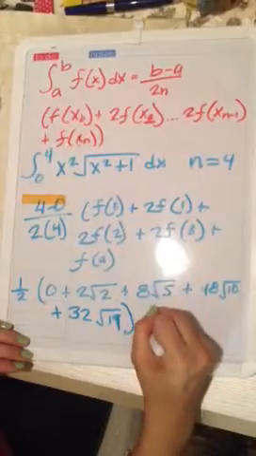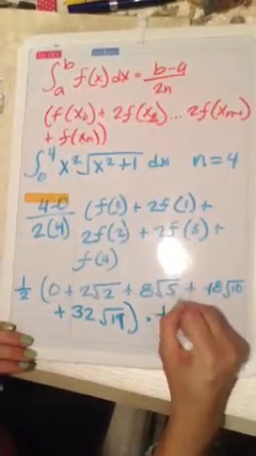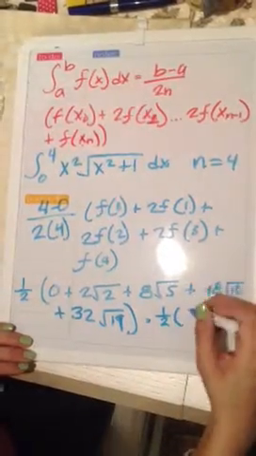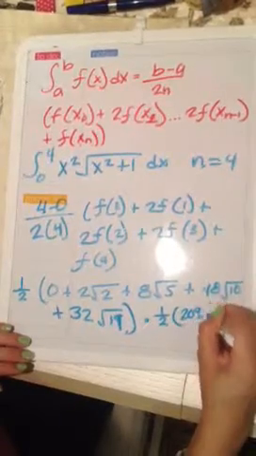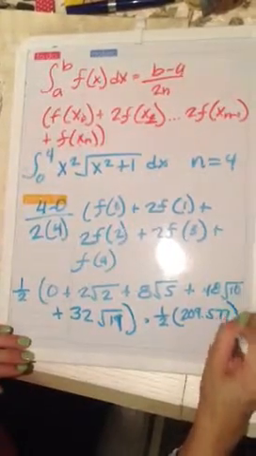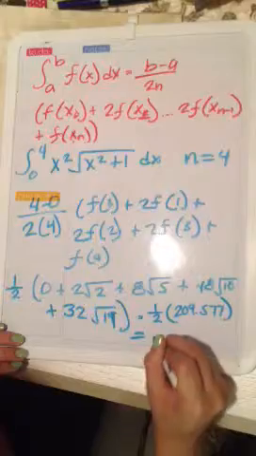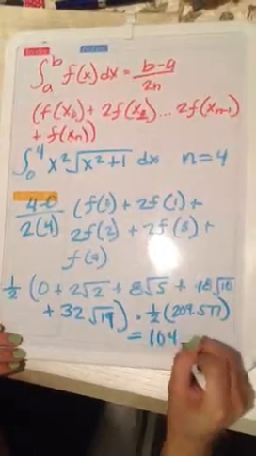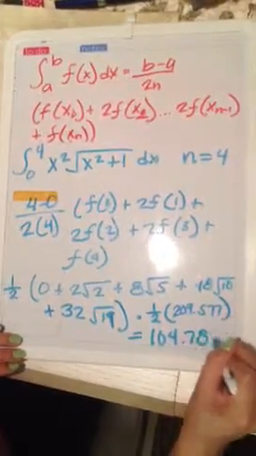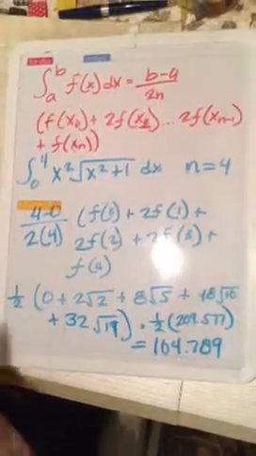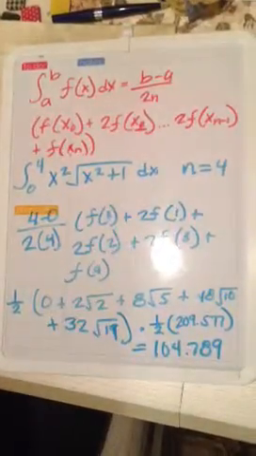That equals 1/2 times 209.577, which equals 104.789. That's how you do trapezoidal rule.